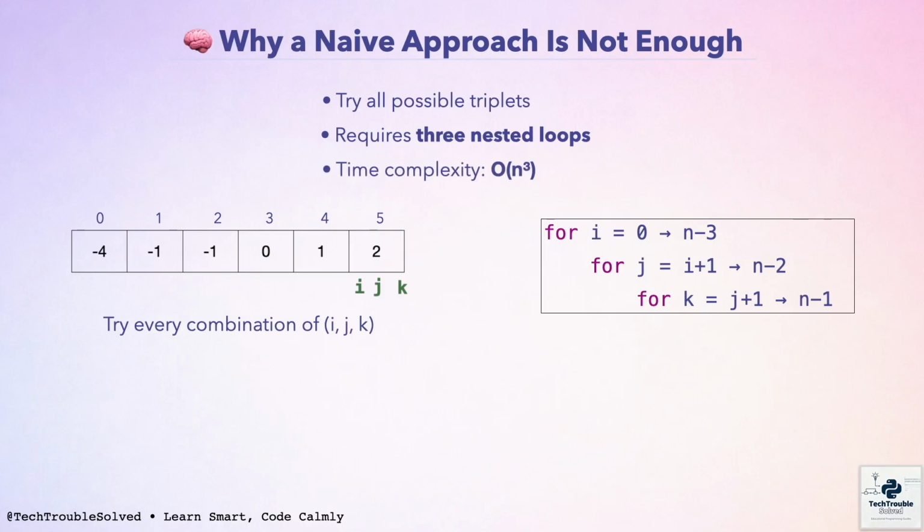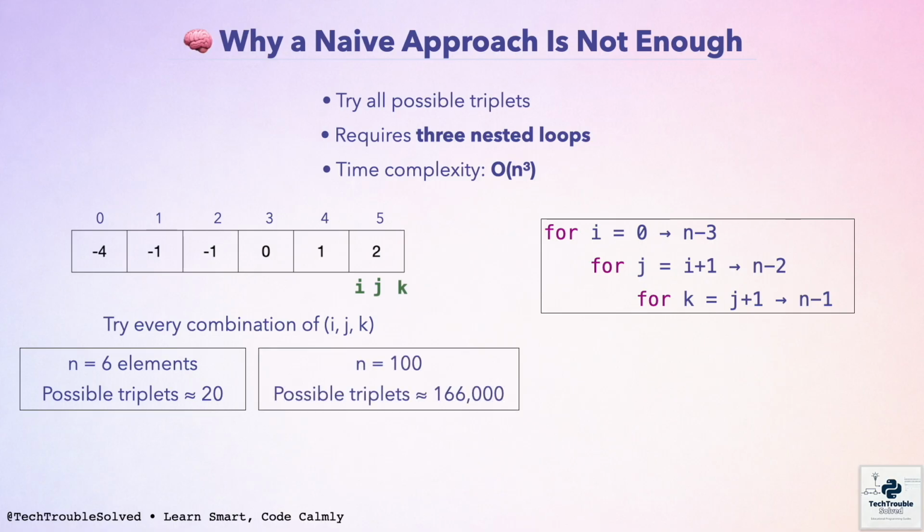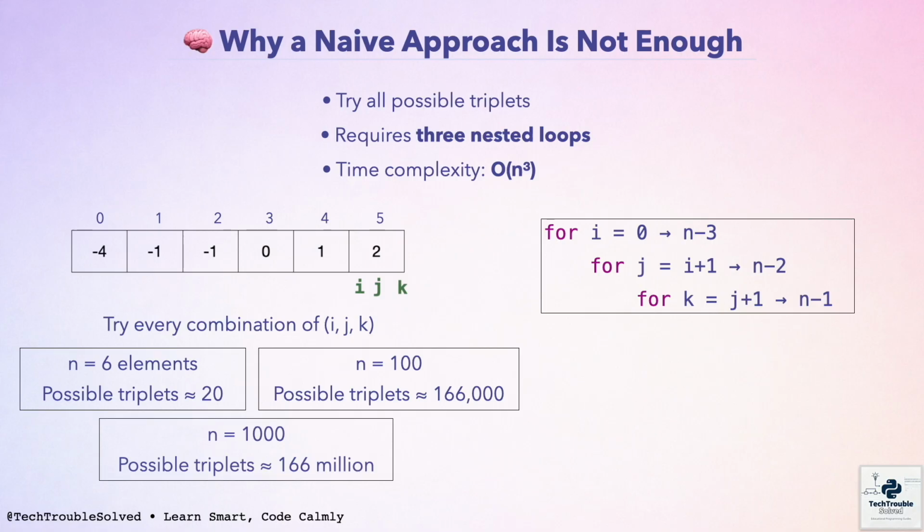For a very small array, this might seem manageable. For example, if n equals 6, there are only about 20 possible triplets. But as the array grows, the number of combinations increases dramatically. If n equals 100, we already need to check around 166,000 triplets. And if n equals 1000, the number jumps to around 166 million combinations.